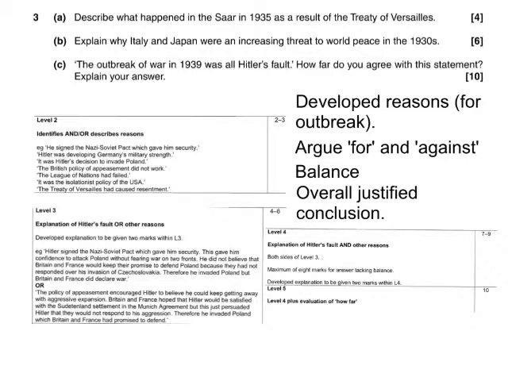Okay, so I could be saying, well, this was the root cause of the outbreak, or something along those lines. I could be saying the same thing for the treaty. Okay, if the treaty hadn't generated the mess in the first place, none of this would have been necessary. Okay, so I've got to be adding a reason for this being the most important.